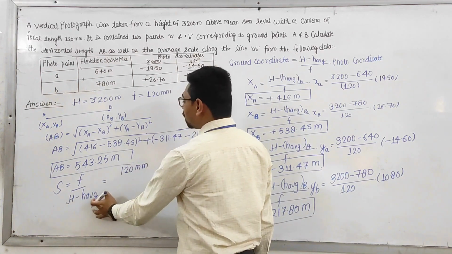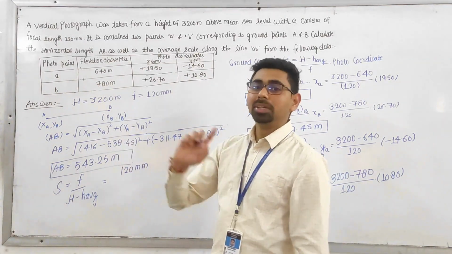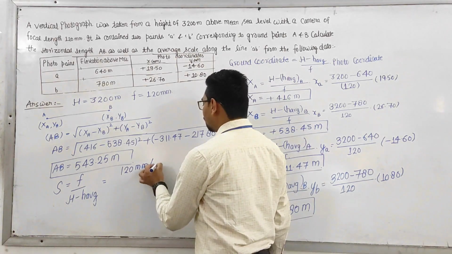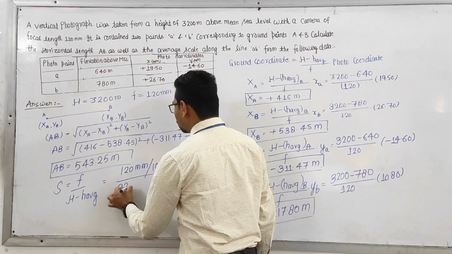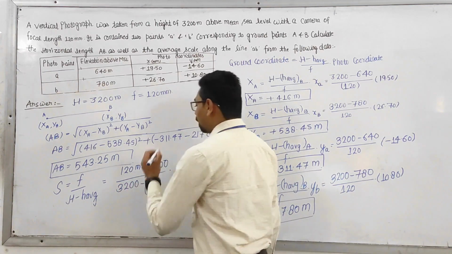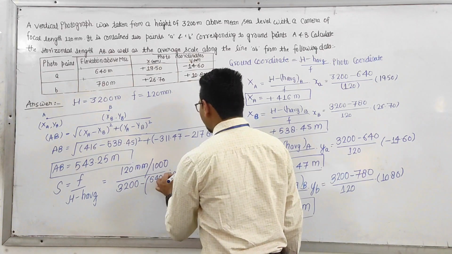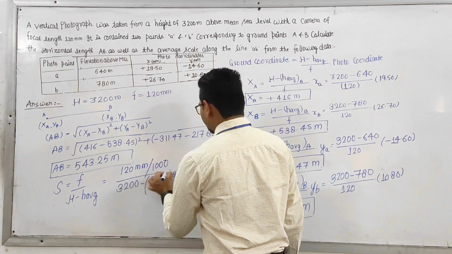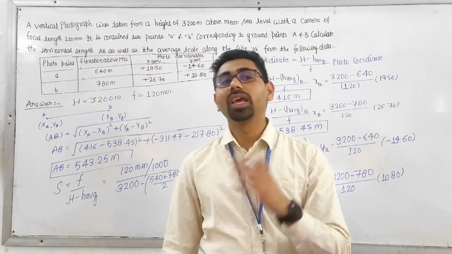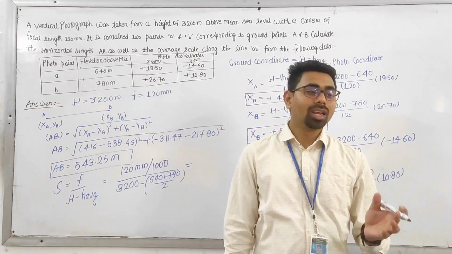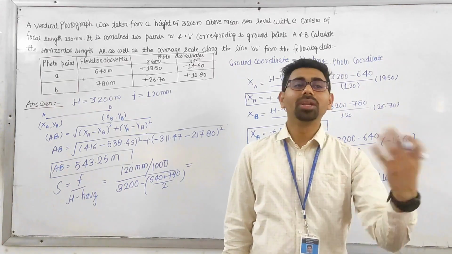H is in meter, so we convert this mm value into meter: 120 mm divided by 1000, divided by 3200 minus the average of 640 and 780. We represent the scale in the form of 1 in n.